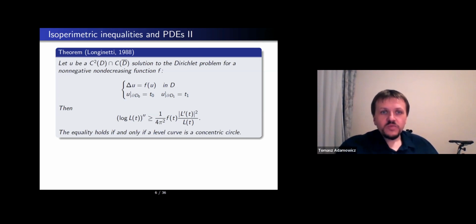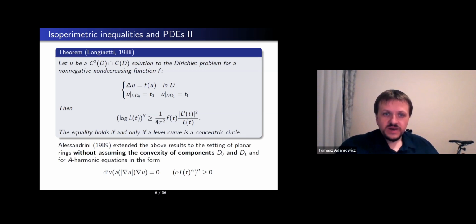Next step in the development of such inequalities was made by Alexandrini, who was able to give up the assumption of convexity for components of the annulus and also proved the Longinetti's observations for a class of A-harmonic equations in that form.